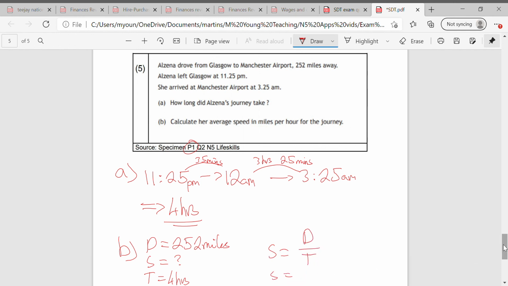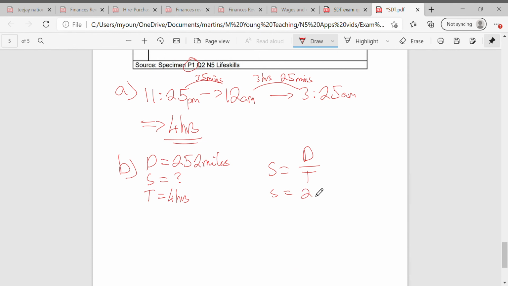Distance was 252. Time was 4 hours. It's non-calc, so we need to do 252 divided by 4. And I'm getting 63, and it's miles per hour. Distance was miles, time was hours, so miles per hour.